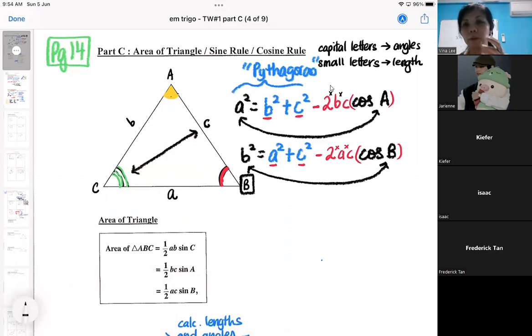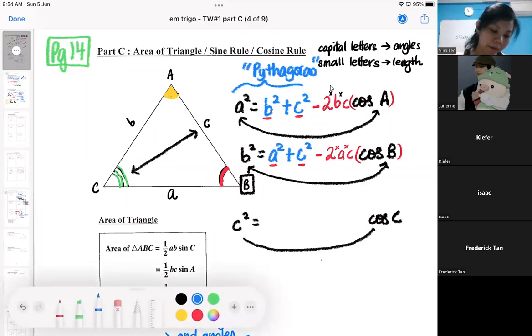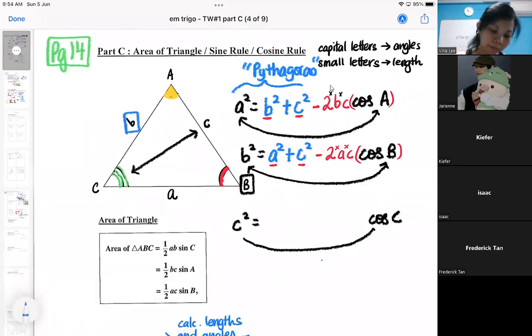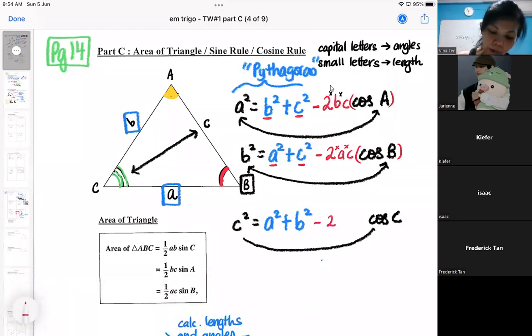I'm going to arrow C, then it will be a C squared, connected to cosine C. Then you form the fake Pythagoras theorem, and then you subtract away 2AB.